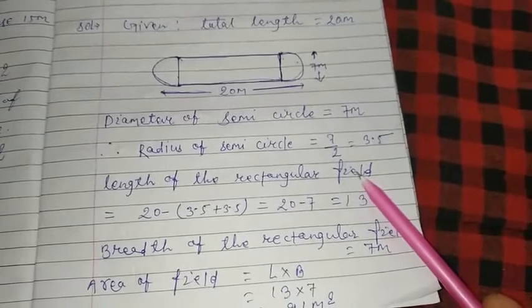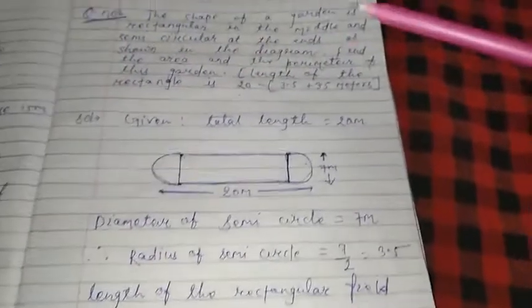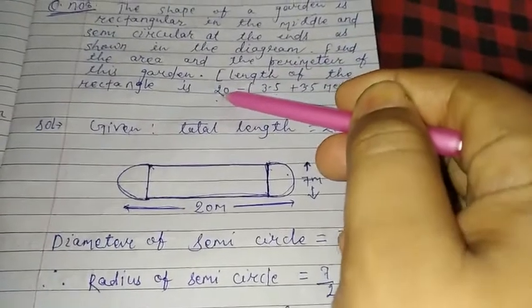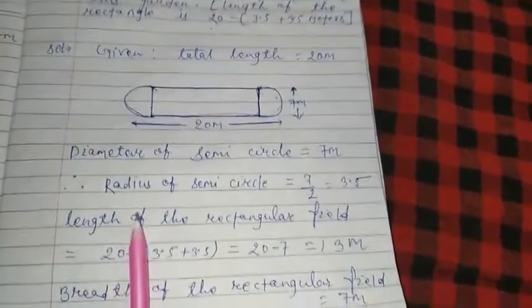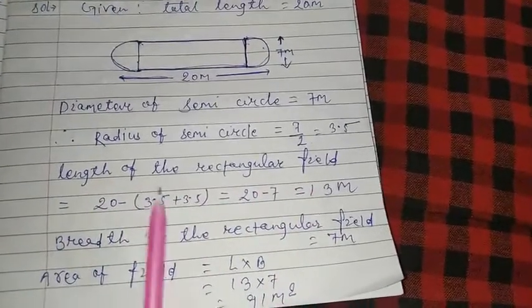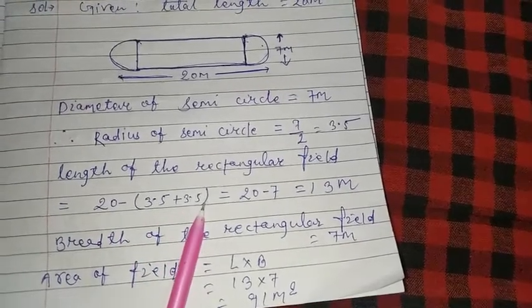And the length of the rectangular field, as it was given in the question, we have put here to find the length of the rectangular field: 20 minus 3.5 plus 3.5.